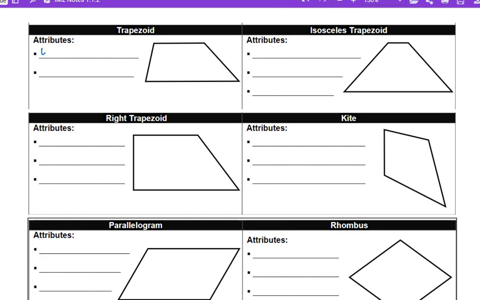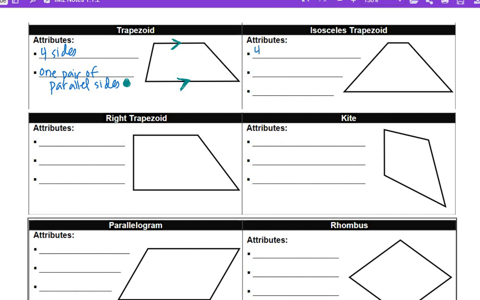A trapezoid has 4 sides and 1 pair of parallel sides, which I will mark green. Notice that for parallel, I'm doing a little arrow. That's different than what I would do for congruent, which would be just little tick marks. Next, we have isosceles trapezoid.